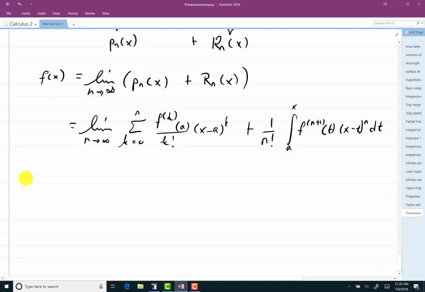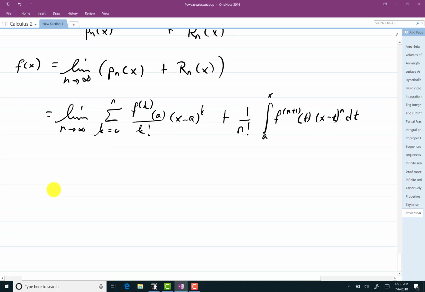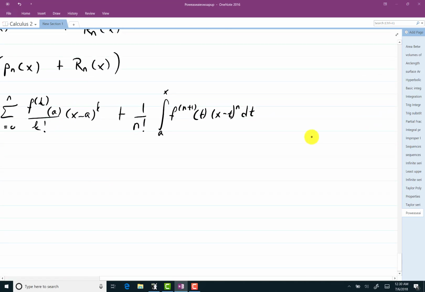There's some things, I don't know if I've mentioned it or not, but as n goes to infinity, as long as this is some sort of bounded, it actually doesn't have to be bounded. If I take x to the n over n factorial and take it to infinity, that always equals 0. I don't know if I've covered that one, but I'll do the limit. As n goes to infinity, x to the n over n factorial always equals 0.